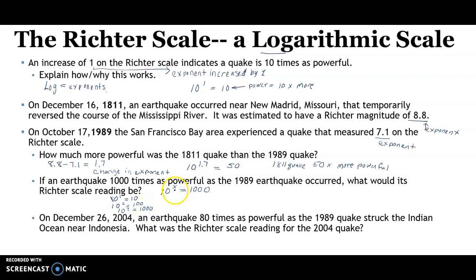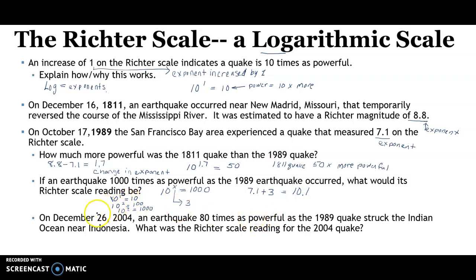So that means that the exponent would be 3. When the exponent changes by 3, the power would change by 1,000. So the 3 is the exponent, and when I look back at the 1989 quake, the exponent was 7.1. So if I add 3 to that, I come up with a Richter scale reading of 10.1.